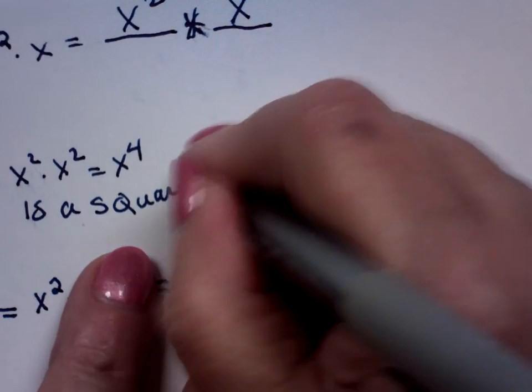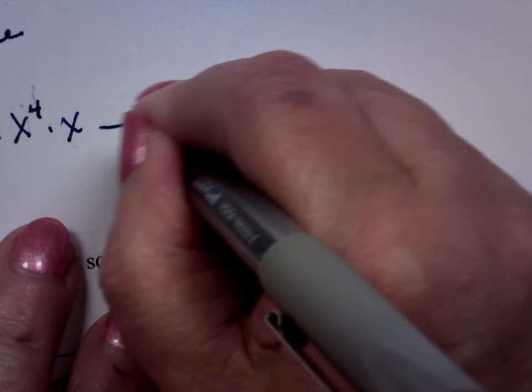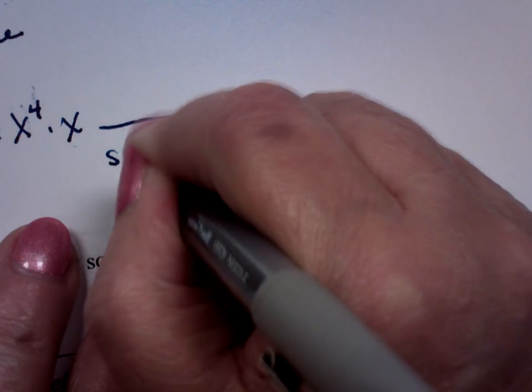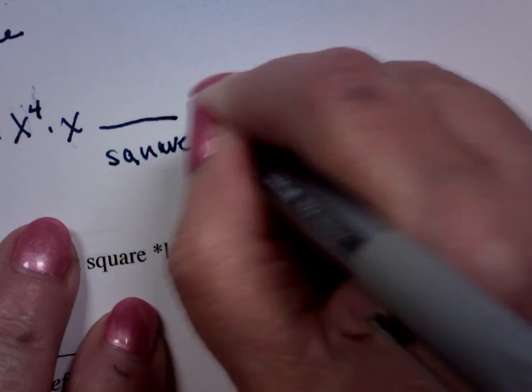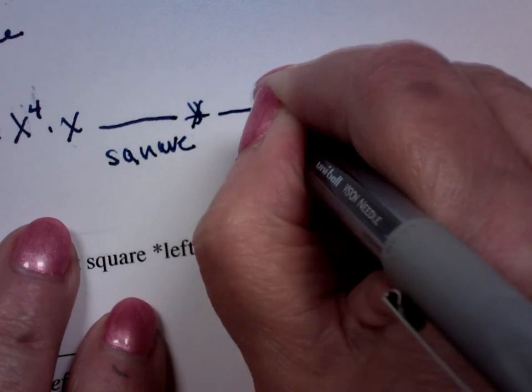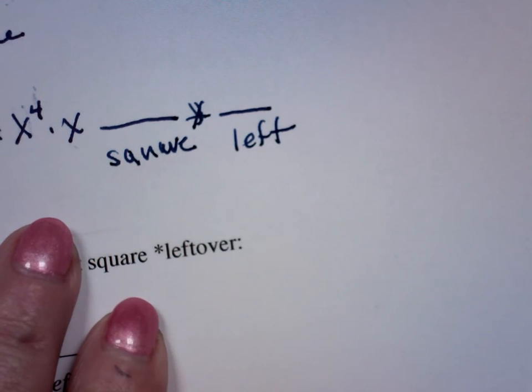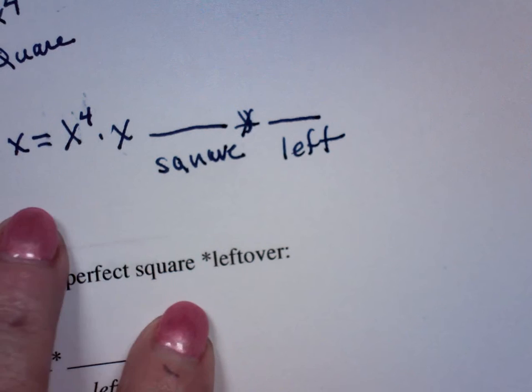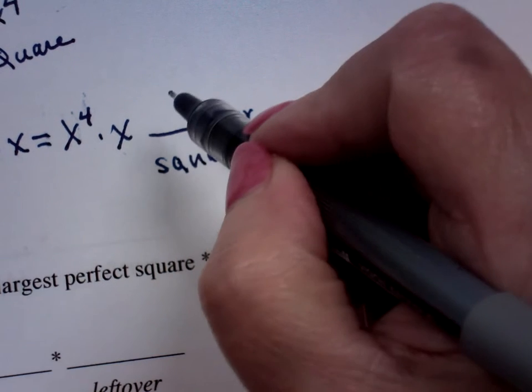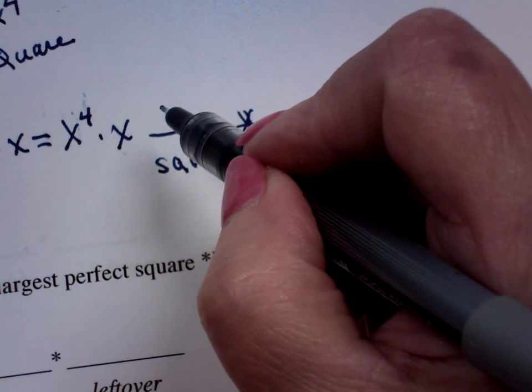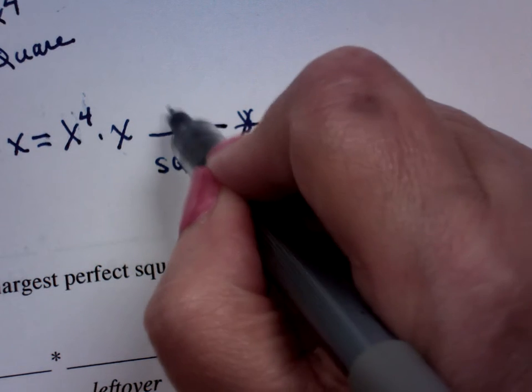X to the fourth, we found, is a square. X to the fifth, if I want to say the square and what's left, the square in x to the fifth, well, the largest number divisible by 2 before 5 is 4.